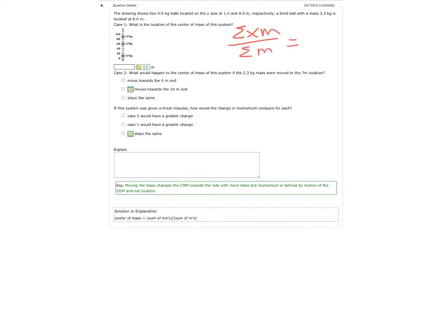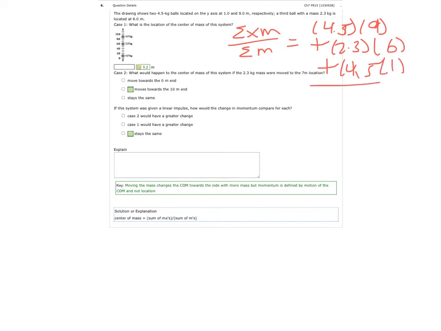So in this case, it was 4.5 times 9 plus 2.3 times 6 plus 4.5 times 1, and you just divide that by the total mass. So 4.5 plus 2.3 plus 4.5. So this is all on the top of the fraction. That's on the bottom of the fraction. You divide, you do it right, it comes out to be 5.2 meters.